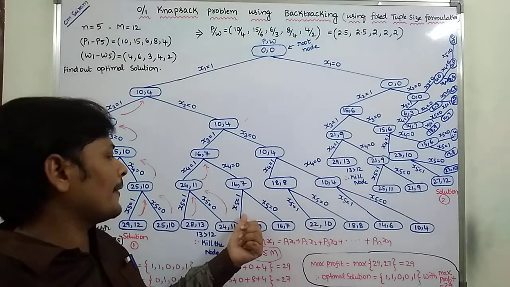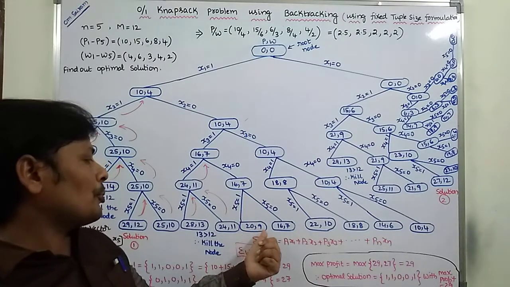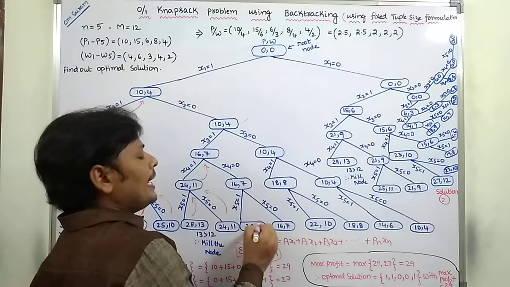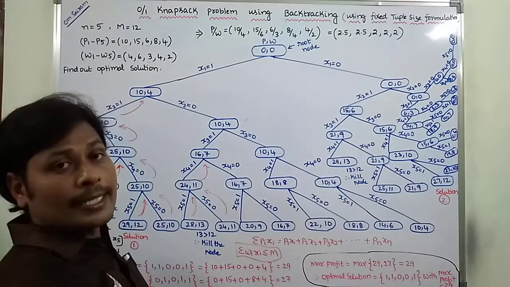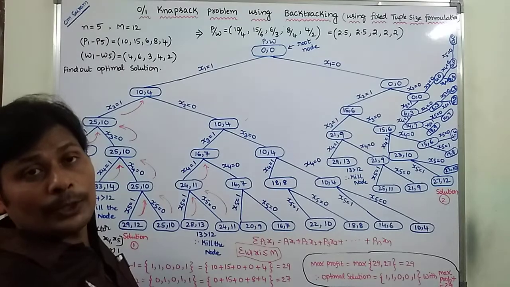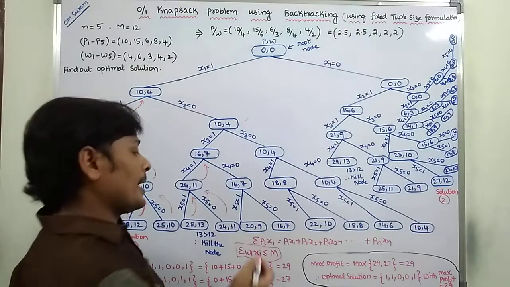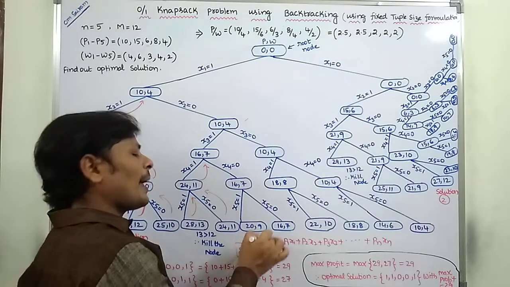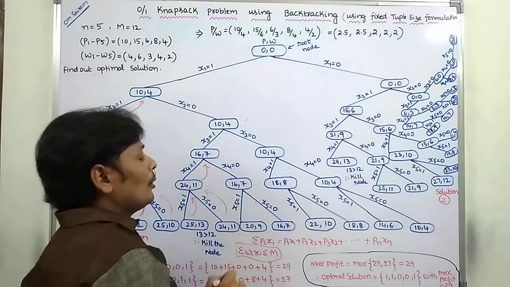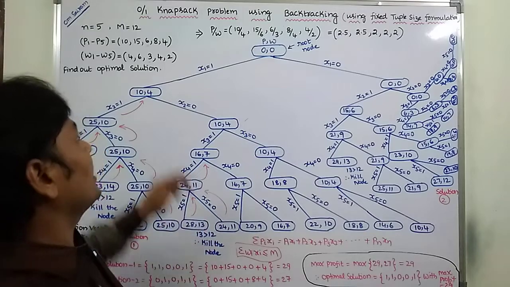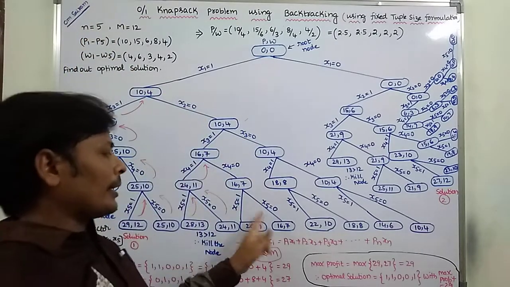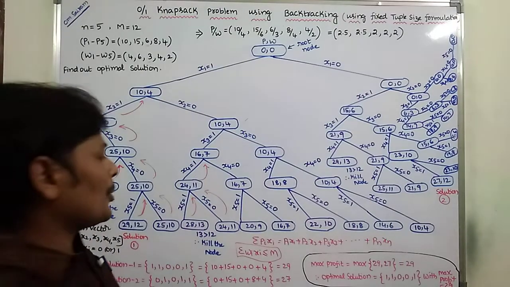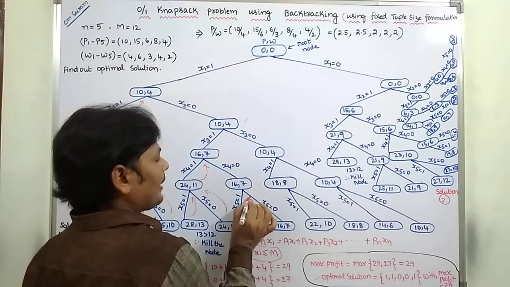After considering the fifth object, the profit value is 20 and the weight value is 9, which is less than or equal to 12. Some remaining capacity of 3 is there, but we are not considering any object because 5 objects are already considered. So we cannot move forward. Again we have to backtrack.